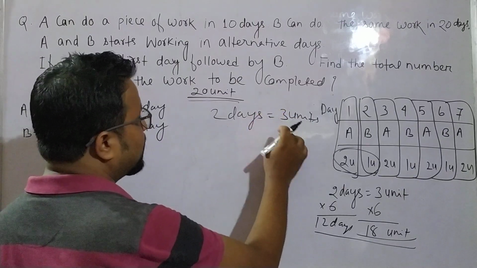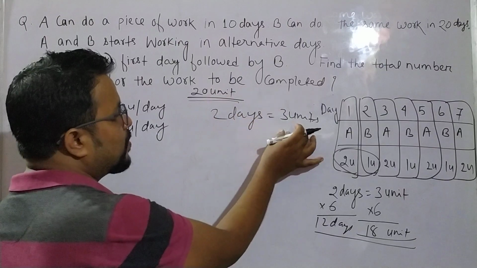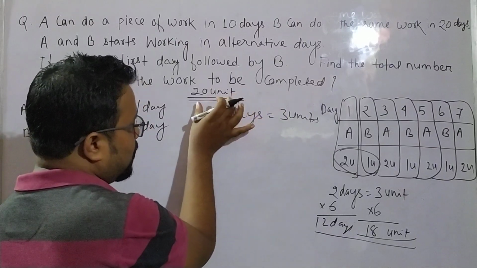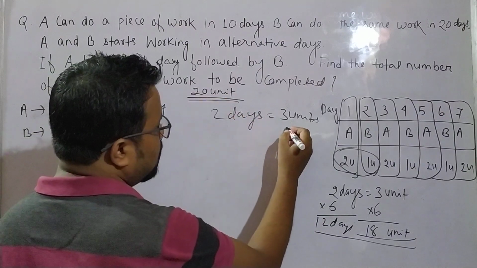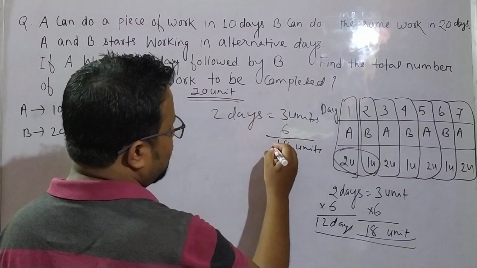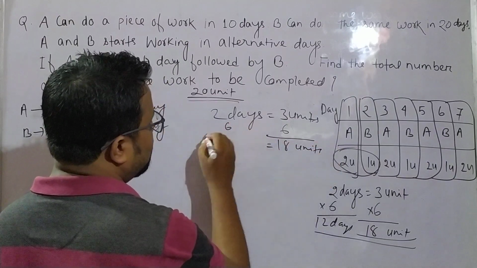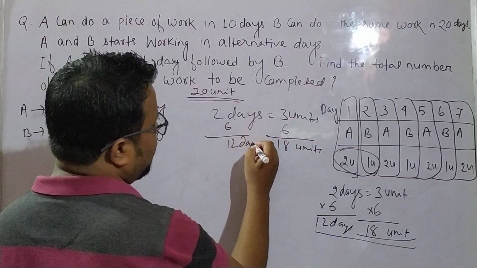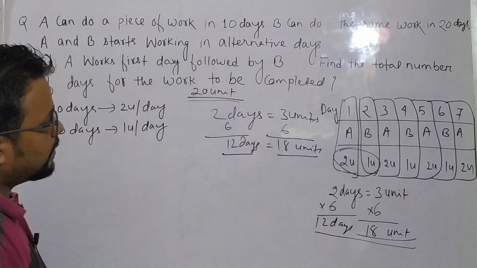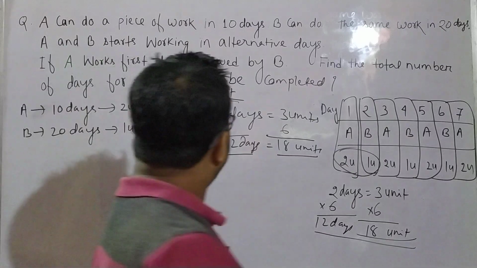If I multiply with 7, it will be 21. It should always be less. So I multiply with 6, which is 18 units. You multiply with 6, it will be 12 days. So 12 days, 18 units.